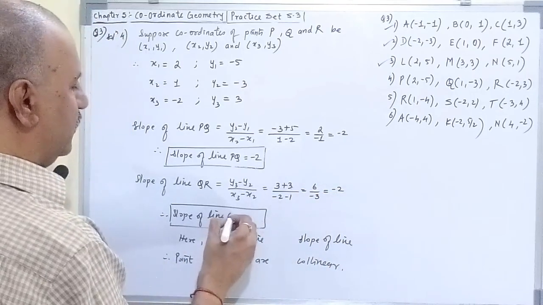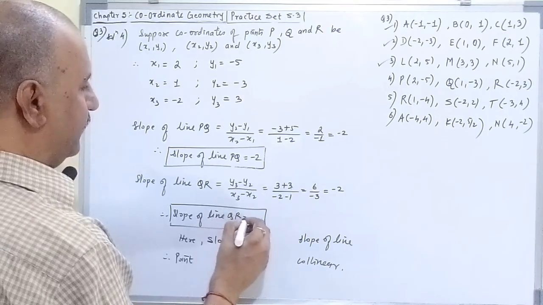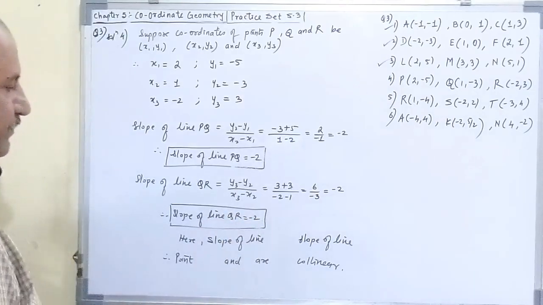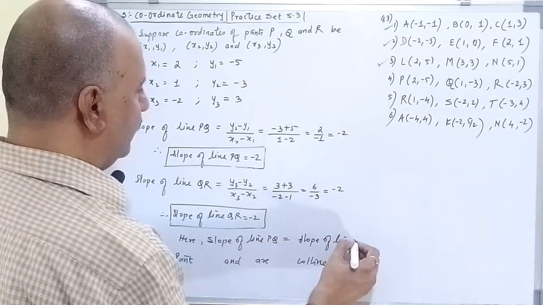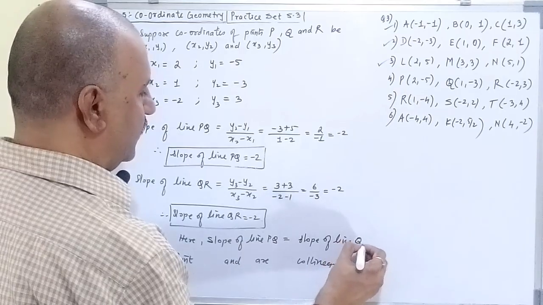So the slope of line QR is -2. Therefore slope of line PQ equals slope of line QR.